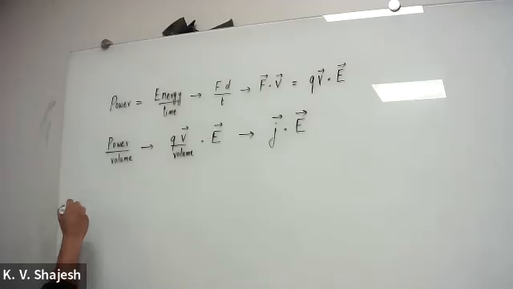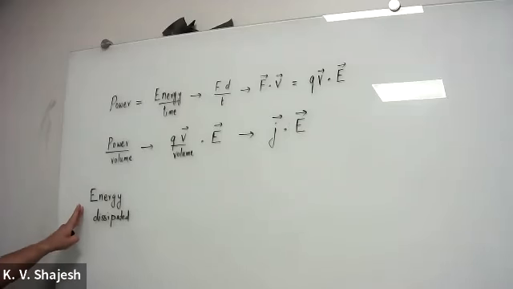Which means to say that energy dissipated at a particular point, this is the source. Remember that if I'm sitting here and something is born, then that's a source of something. So here we're talking about energy born. Either you can dissipate or you can create energy.